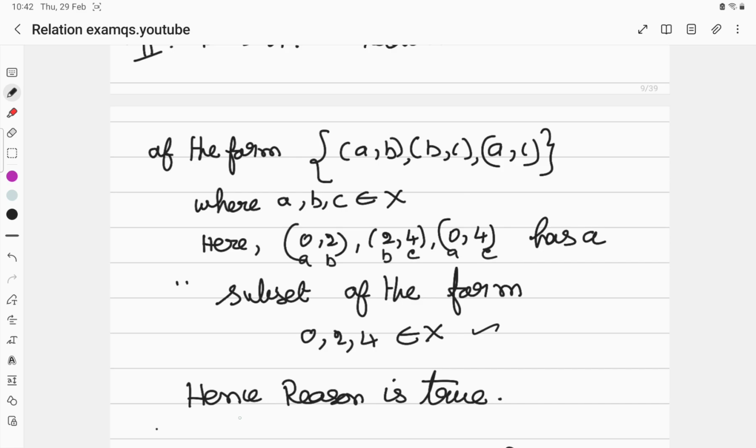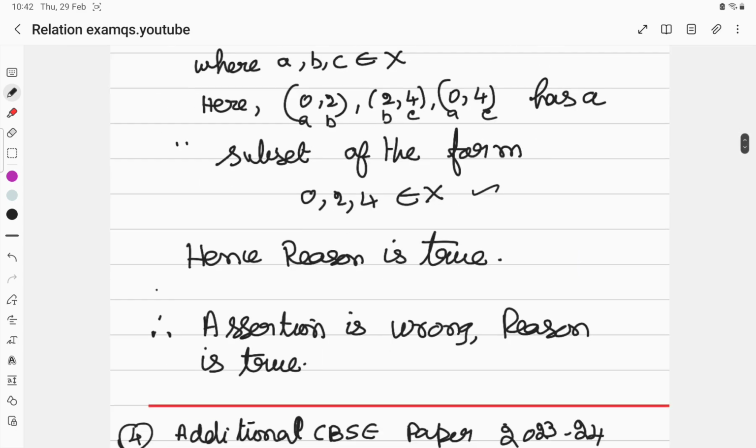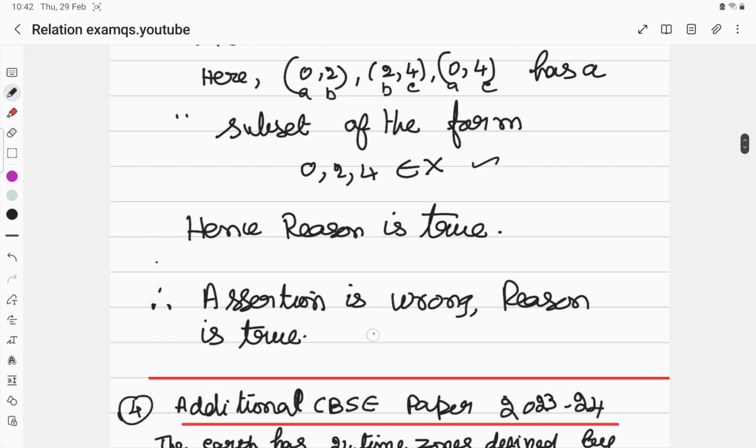Therefore, the reason is true. Hence, the assertion is wrong, the reason is true, answer D.